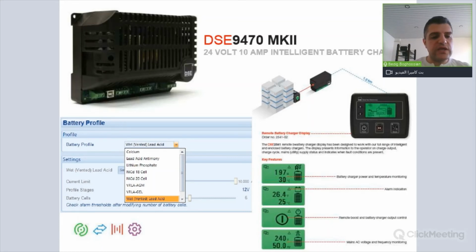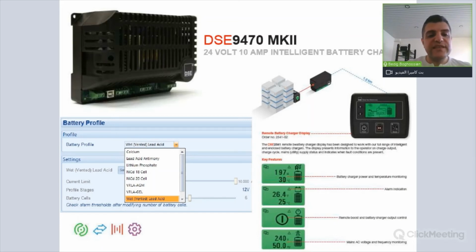As you can see on this image, it's a screenshot taken from the 9470's configuration file. It shows the selection of all the battery types. So depending on the battery type that you're using, you select it to make sure you keep the battery lifetime as long as possible.